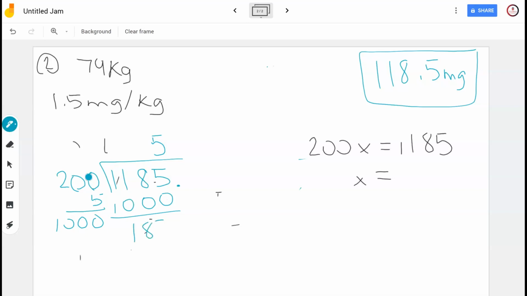This is 185. You can add a 0, bring the decimal up. It goes into this 9 times.